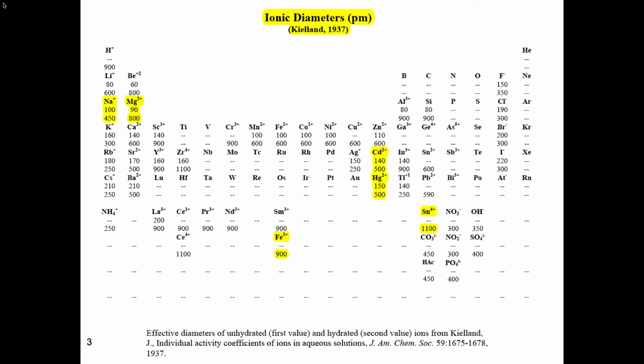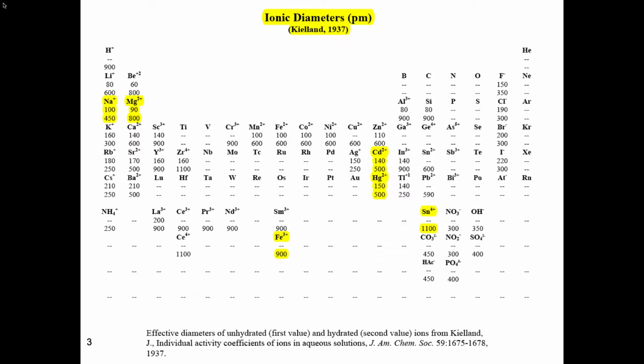So if you look down this column of monovalent ions, lithium has the smallest unhydrated size. And all of these ions have a +1 electrical charge on them. And so that means that the lithium has a significantly higher charge density, that is unit charge per unit volume of the ion, than something like cesium.